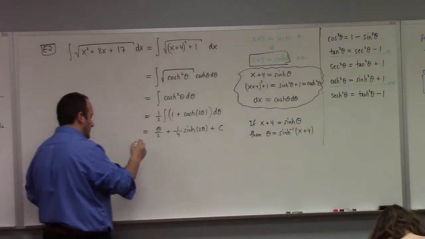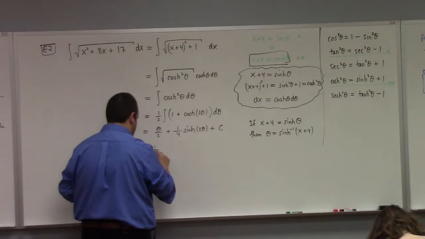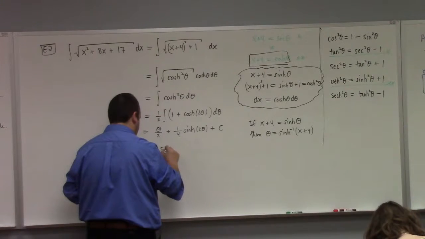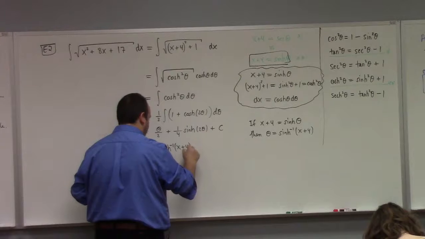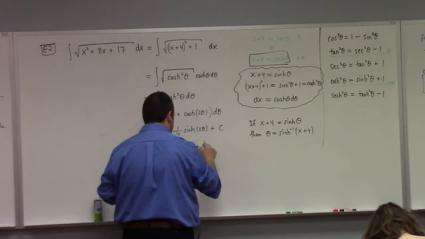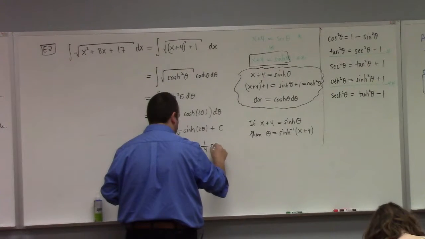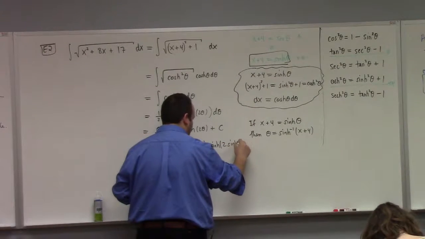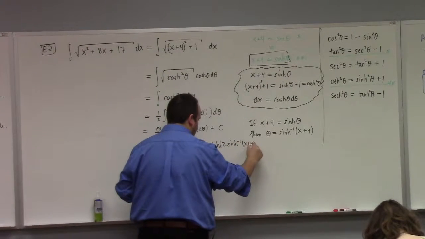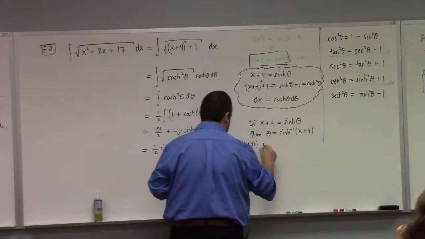So we get 1/2 inverse hyperbolic sine of x plus 4 plus 1/4 sinh of twice the inverse hyperbolic sine of x plus 4 plus a constant.